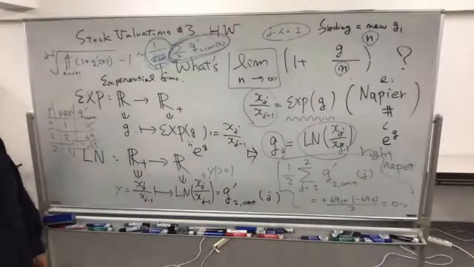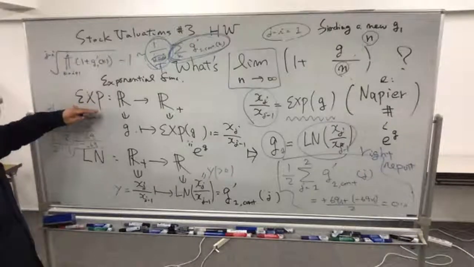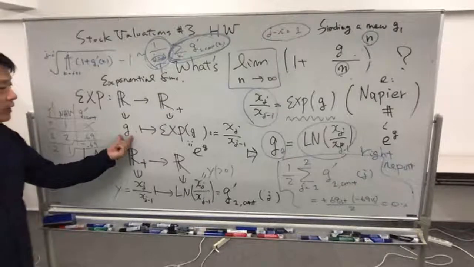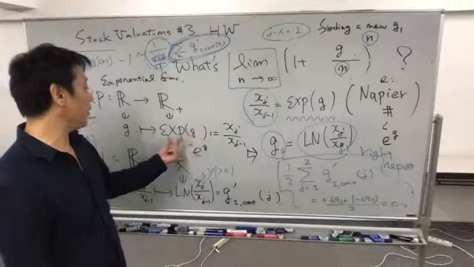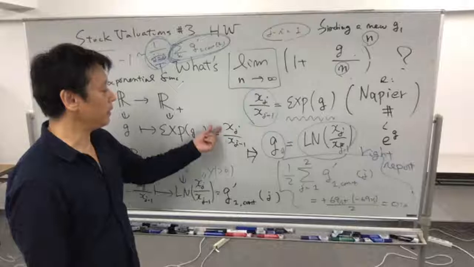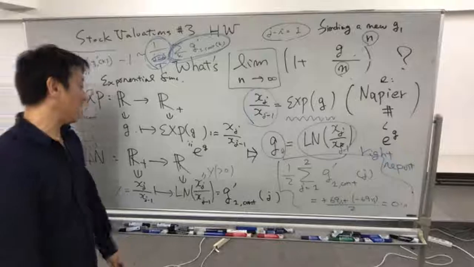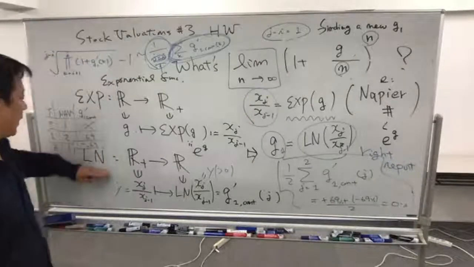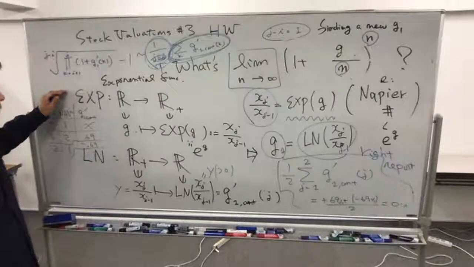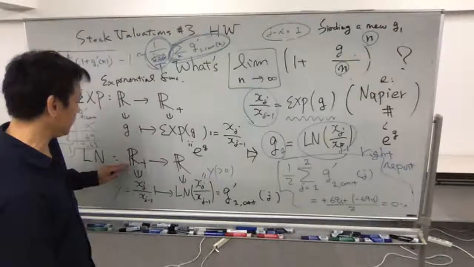So, what's the exponential function? The exponential function is a map from R to R plus. If I take growth rate g, the value exp of g gives a ratio of xj over xj minus 1. On the other hand, the ln function is the inverse function of the exponential. So ln is a map from R plus.